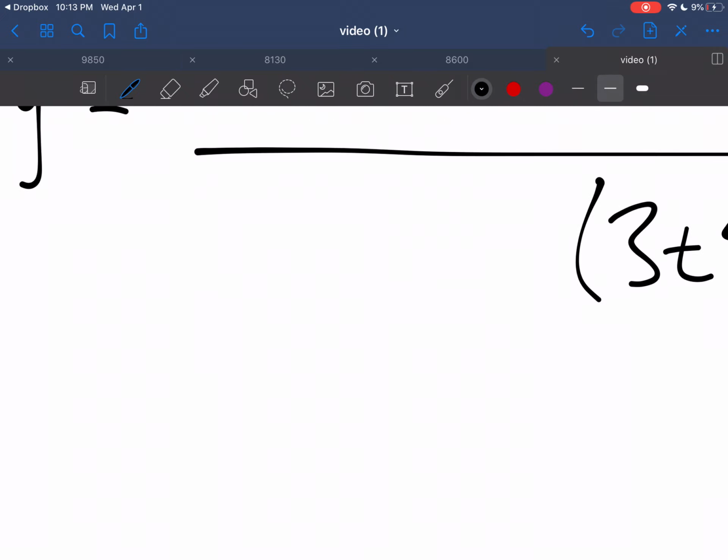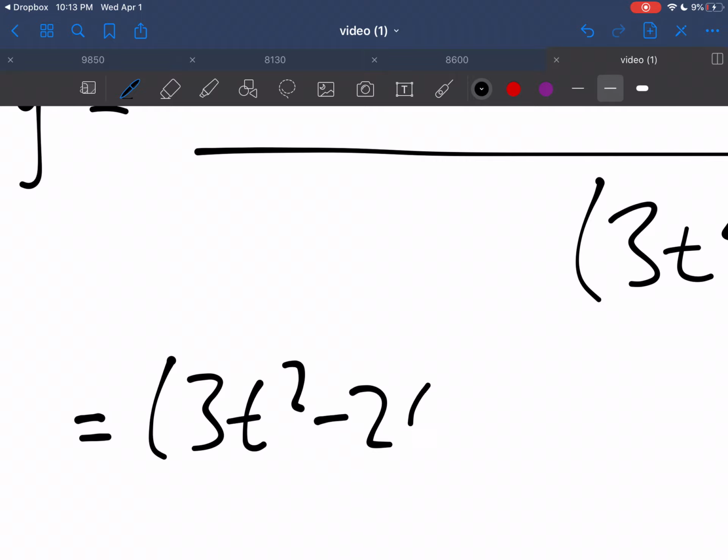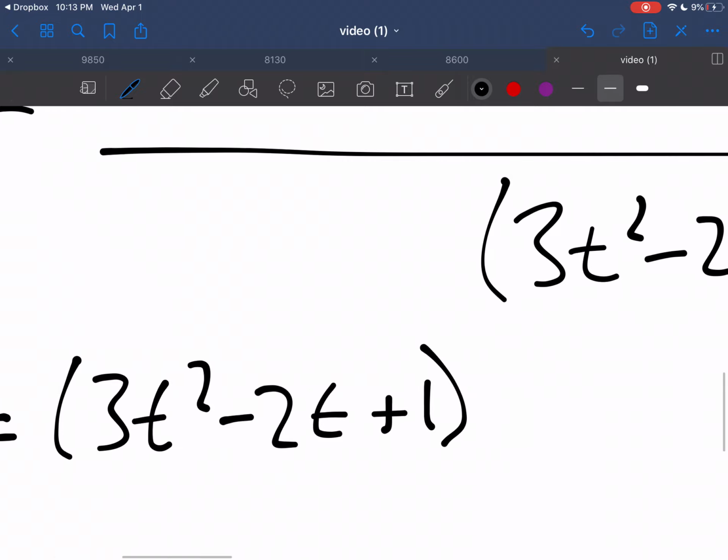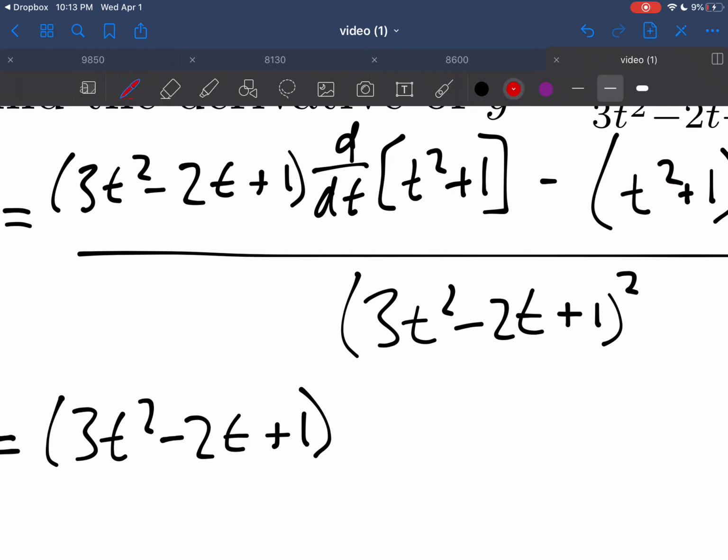Okay, so we've got low. Leave that the same. Okay, times the derivative of the numerator. So we're doing the derivative of the sum of two functions. So we'll do the derivative of this one first, so that'll be 2t.